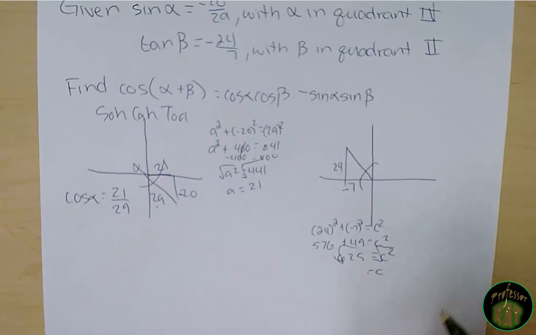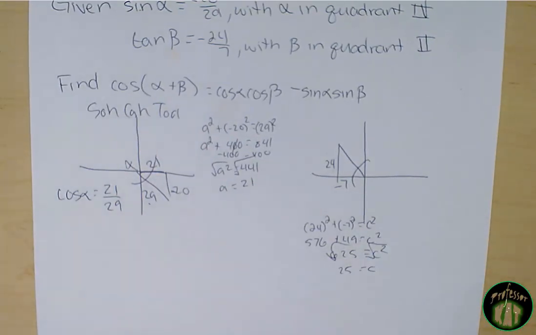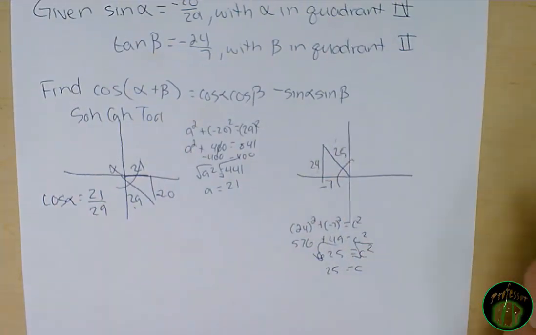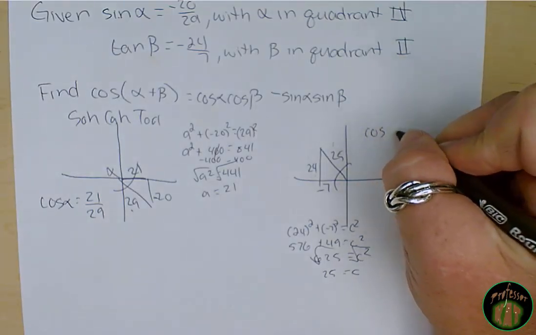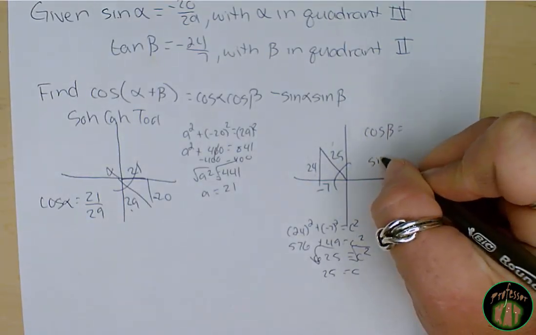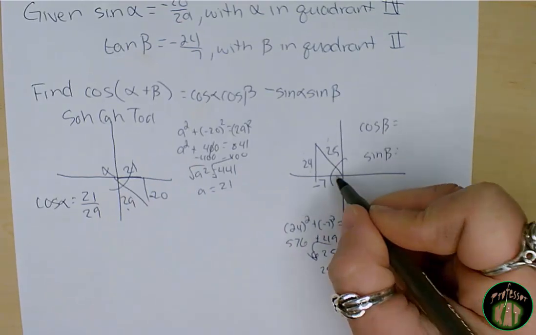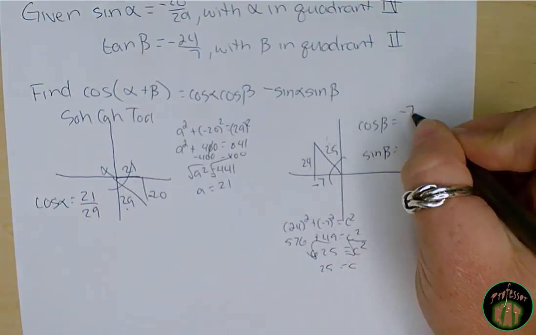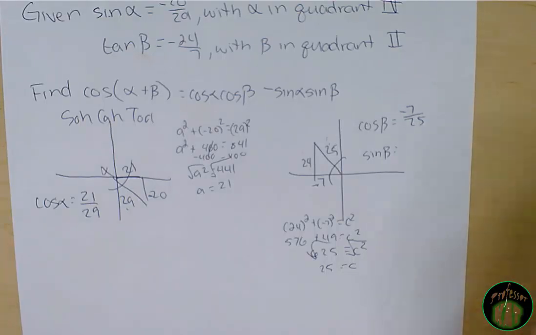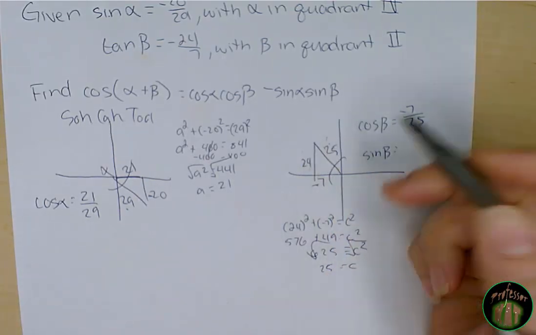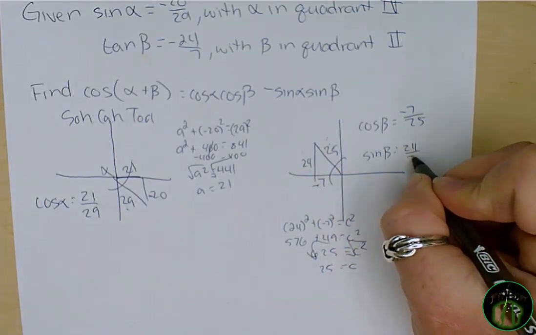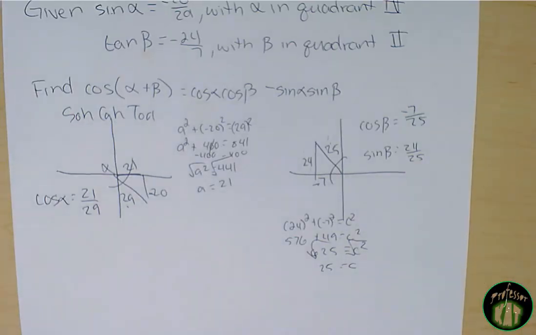Take the square root on each side, and c is equal to 25. That means we can now find cosine of beta and sine of beta. Cosine is adjacent over hypotenuse, so negative 7 over 25. Sine is opposite over hypotenuse, so 24 over 25.